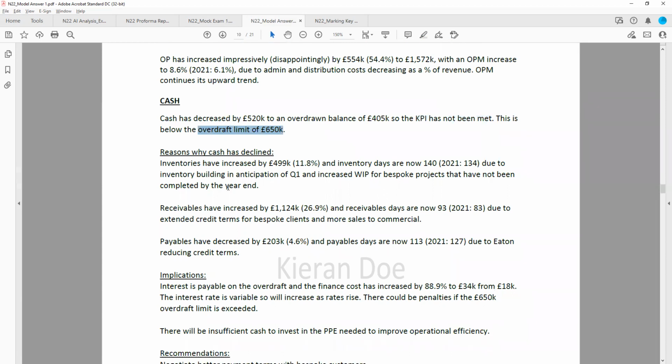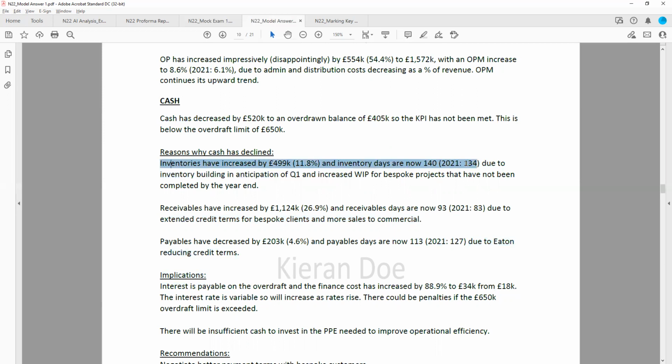But then actually, it's quite similar to what we did with our revenue and cost analysis. We could just say, receivables have gone up, receivables days are this, and then the reason: extended credit terms for 2 bespoke clients. Payables down, payables days down, due to supplier reducing credit terms.